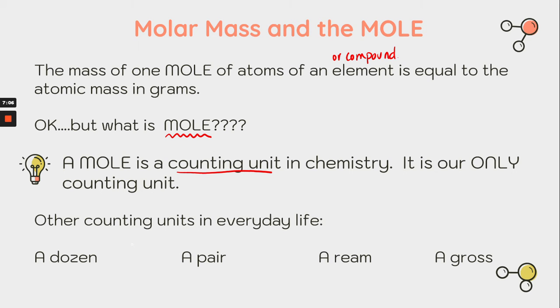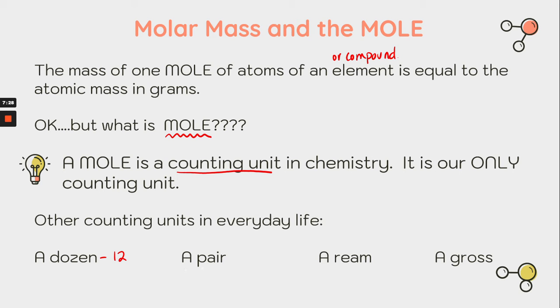If I said I had a dozen eggs, pretty much everybody knows that a dozen means 12. And at some point when you were a little kid, somebody told you that a dozen was 12. And you didn't question why it was 12 instead of 10 or instead of 15. You just said, oh, all right, it's 12. Well, good, it's 12. So that's a dozen, that's a counting unit.